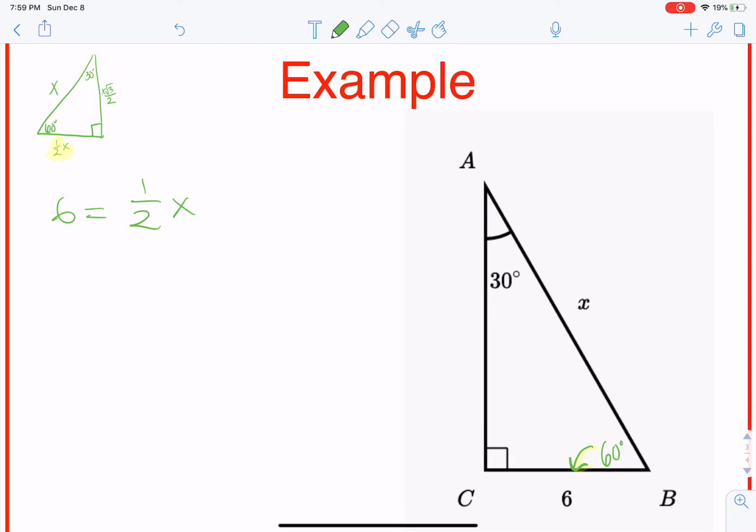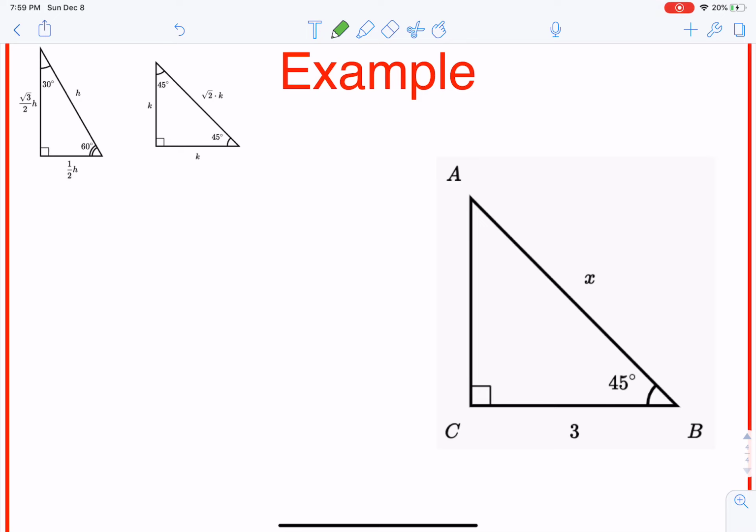Those two side lengths will be equal since these right triangles are similar. So I just multiply both sides by 2 here. And 12 is equal to x, which is exactly what we had gotten in the first place. So 12 is equal to x. And then we can go ahead and use x from there to fill in the rest of the side lengths.